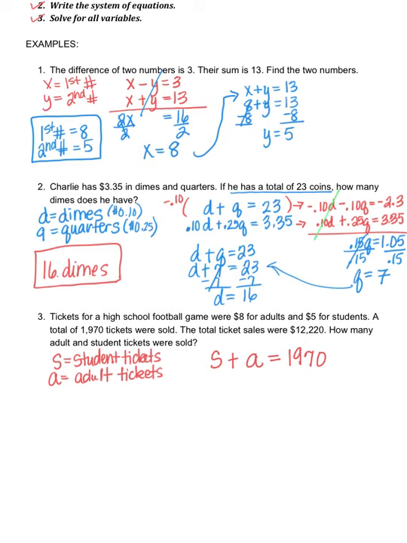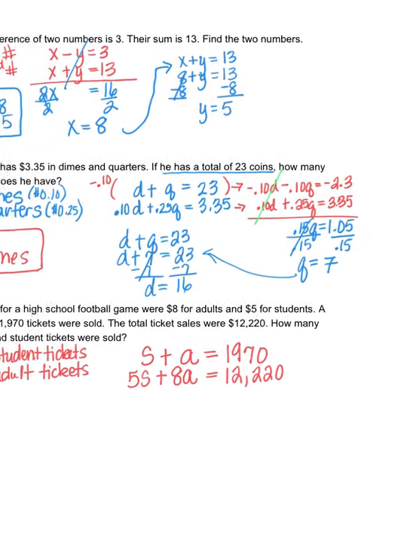The bottom equation is all the money. So student tickets is first, S. Those were worth $5, so they were 5S. Plus adult tickets were $8, so 8A, equals the money, which was $12,220. Okay, we need our S's to go away.